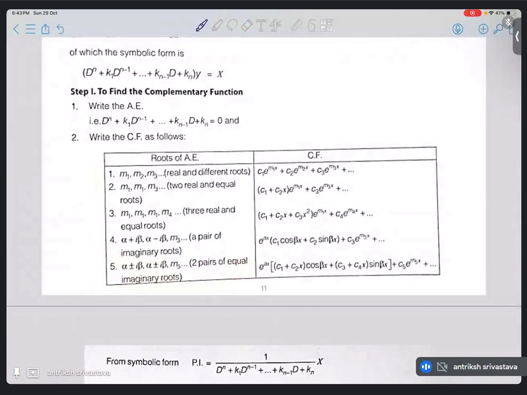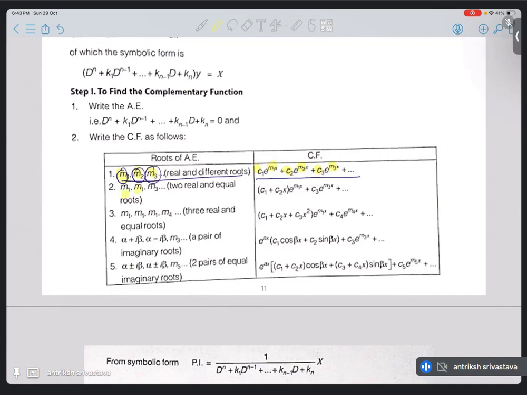If all the roots are real and different, then we have a simple expression. If m1, m2, m3 are the roots, and they are real and different, we have c1 e to the power m1x, and so on, with each root having its own constant. When two roots are the same, let's say m1 and m2 are the same, here they have given m1 m1.